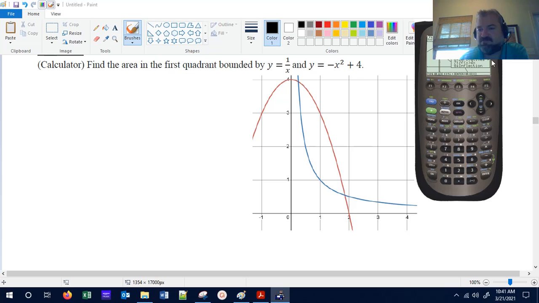All right, let's go to F5 and we'll get our intersection. First curve, second curve, and lower bound. And there's a little bit more of the curve over here. It looks like. I'm not sure what that is. But we want just this part right here.